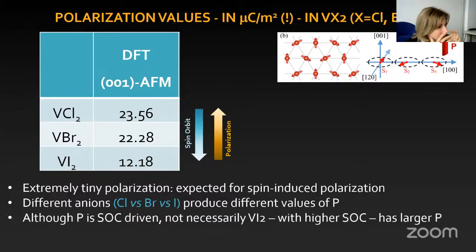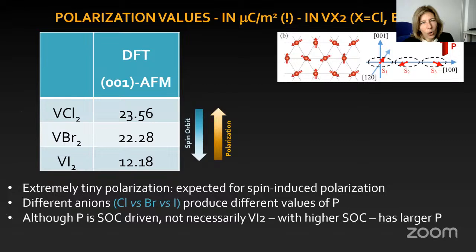I forgot to say an important thing: when you have polarization driven by a generalization of the Katsura-Nagaosa-Balatsky model, the polarization emerges from spin-orbit coupling.